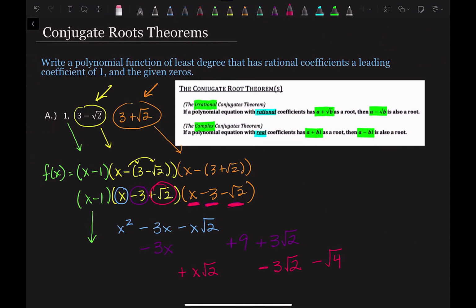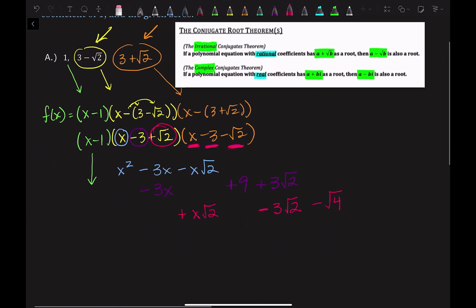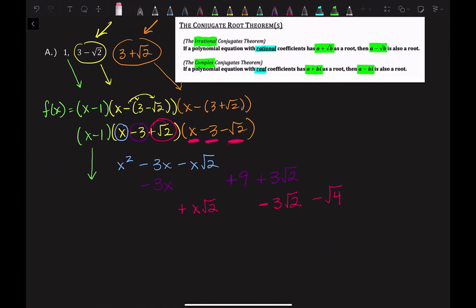And now I'm sort of done with that step. I just need to put all these terms together. So if I do that, the x squared is going to be fine. I have a negative 3x and another negative 3x is negative 6x.